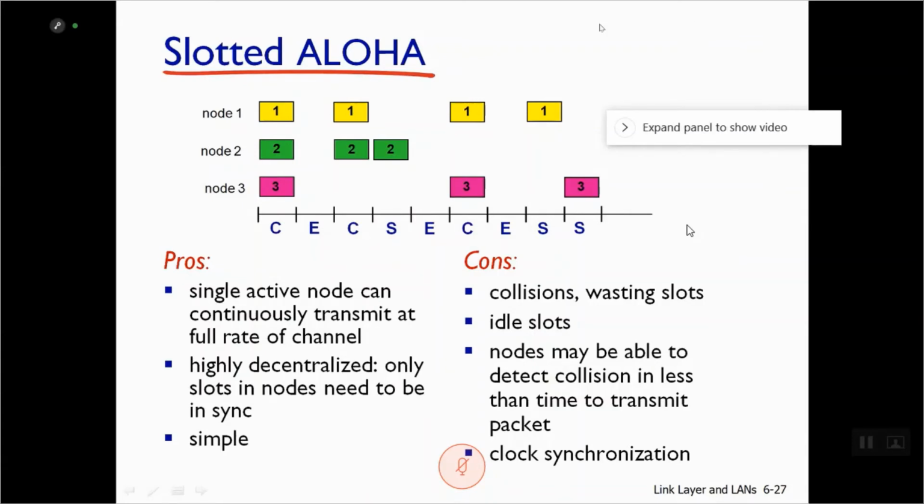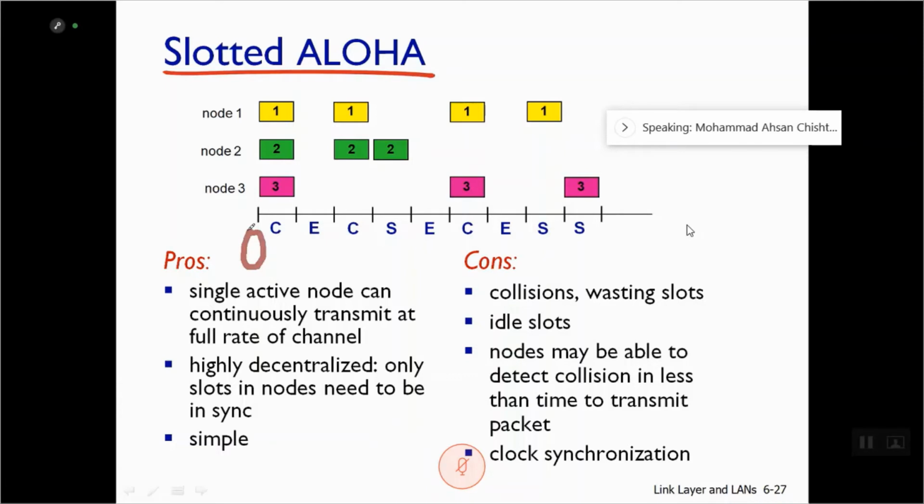All these beginnings of the time slots are to be synchronized. What I mean by synchronized is, when node 1, 2 and 3 started at this time 0, they knew that this is the beginning of the slot. How did they know that this is the beginning of the slot? This is how it's done, by clock synchronization.